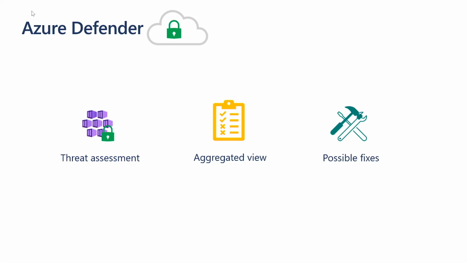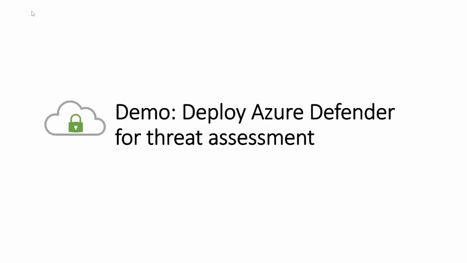It also provides a list of possible fixes or remediations that you can apply in order to decrease the threat level of a potential threat. Now let's go to the demo and try deploying Azure Defender on your AKS HCI cluster, and then take a look at possible threats on the Azure portal.